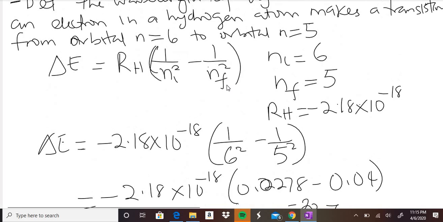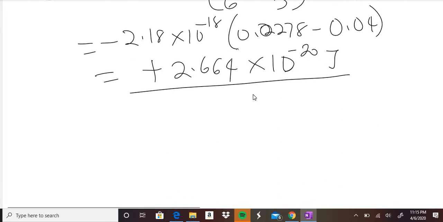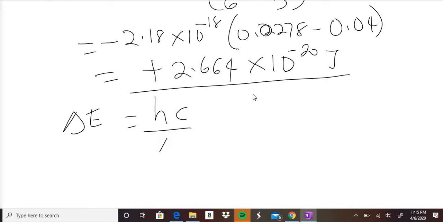However, we are looking for the wavelength. We know that our energy delta E is hc over the wavelength, where h is our Planck's constant, c is our speed of light.